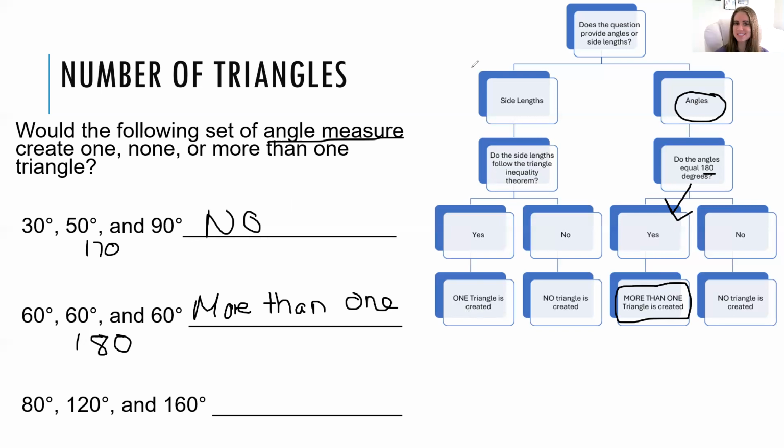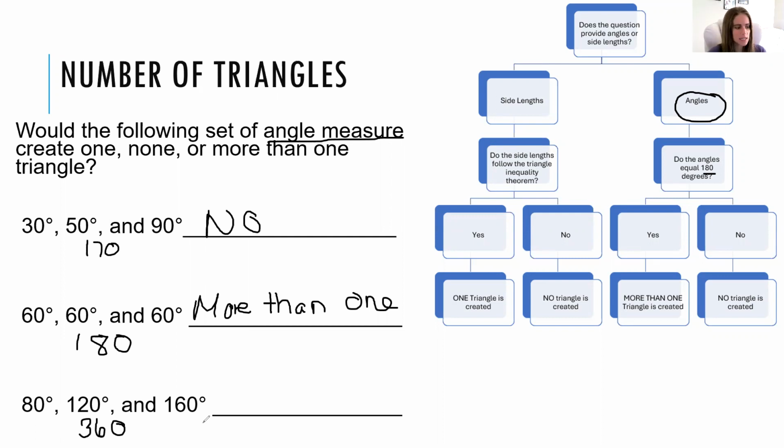Let's go through our last example. If we look back at our flow chart, we're still with angles. We need to see if it equals 180 degrees. Let's add these up. 80 plus 120 plus 160. That equals 360 degrees.